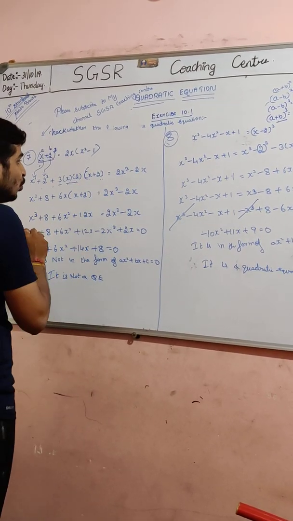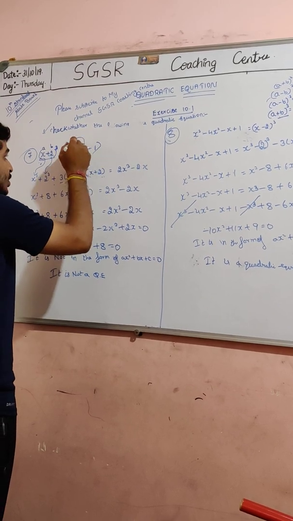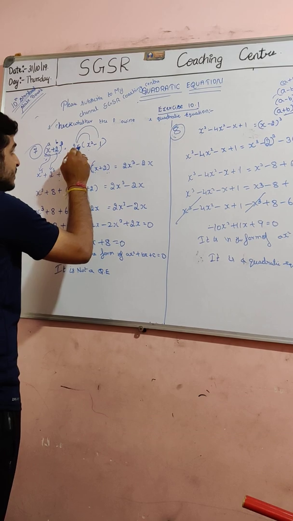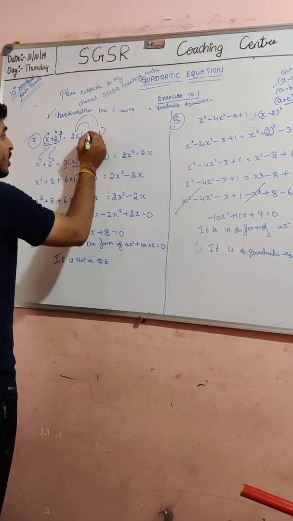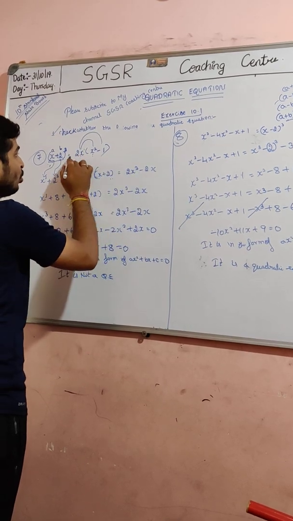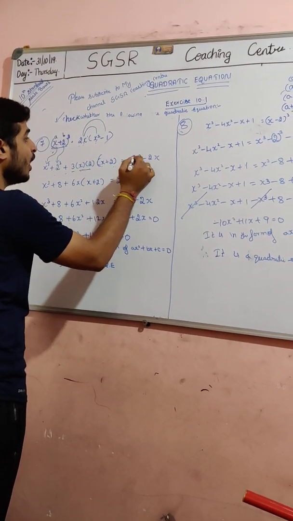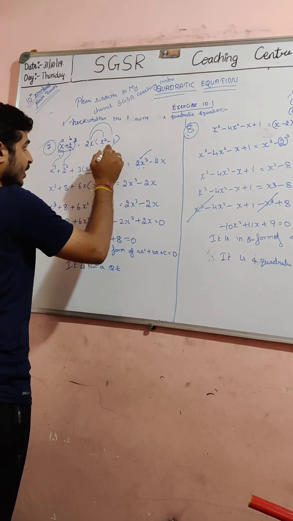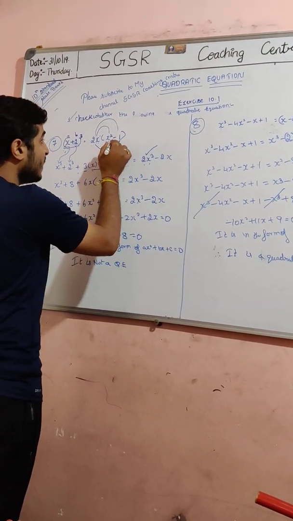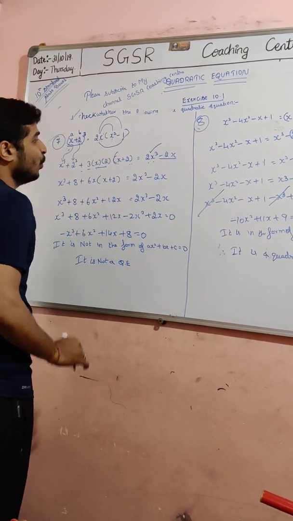Now you will multiply these two as well as these two. So 2x into x: x into x, powers get added. Here the power is 1, so 2 plus 1 is 3, so 2x cube. In the same way, you will multiply these two values. 2x into 1, plus into minus, minus 2x.